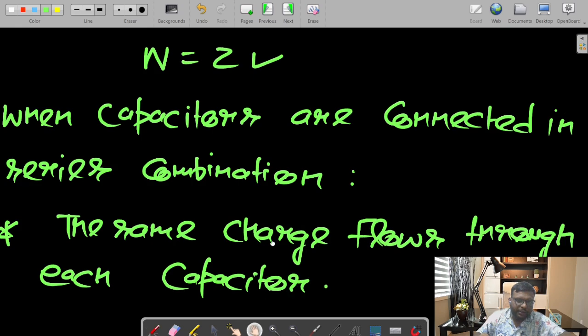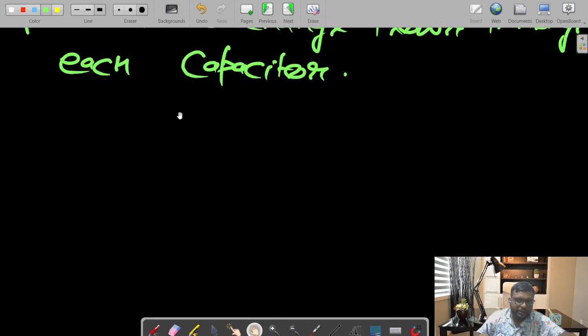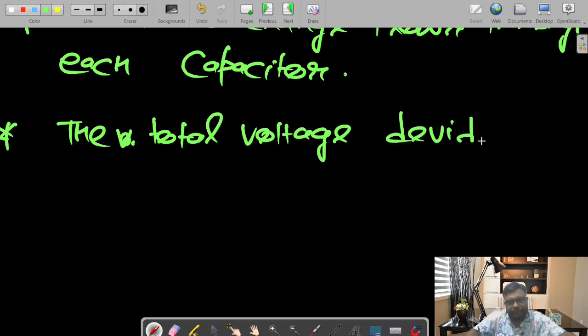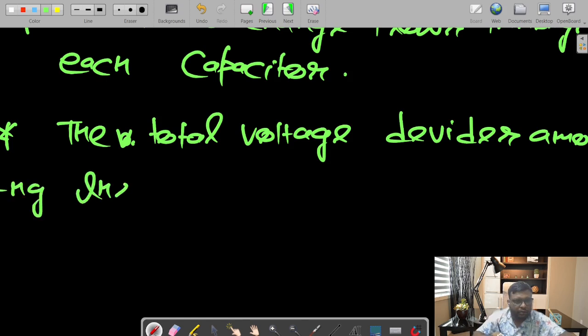And second is the total voltage divides among the capacitors.